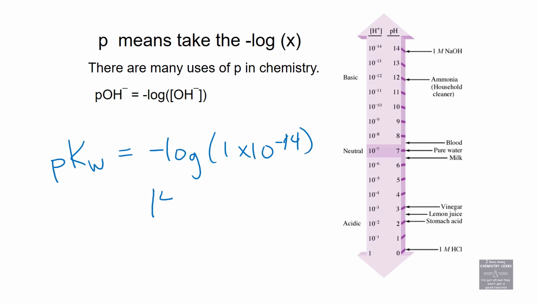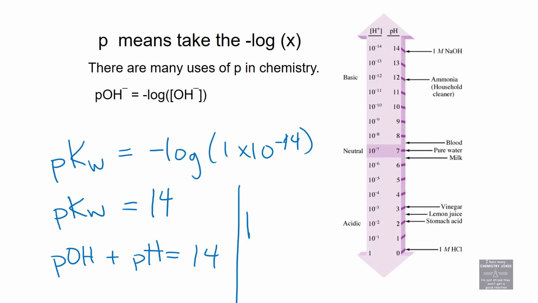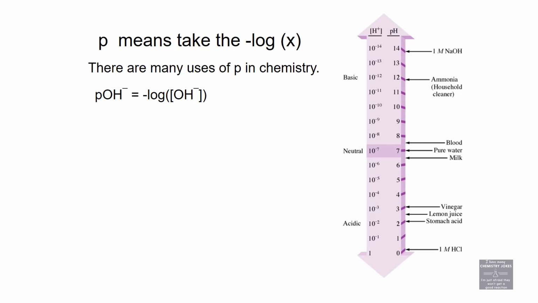That means pKW is 14. So pH plus pOH, I didn't really mean to write that in that order. pH plus pOH has to equal 14. That's because KW is equal to hydroxide times hydronium. I wrote it in a different order than I said it, but there it is. Okay, I really wasn't meaning to talk about it on this slide, but it came out anyway.